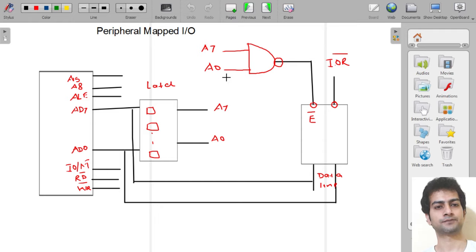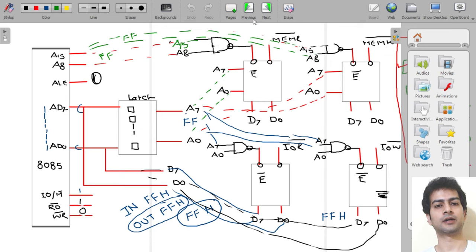So let's start. First we will deal with peripheral mapped input output. In our previous discussion, we have seen it when the microprocessor was dealing with input output devices.